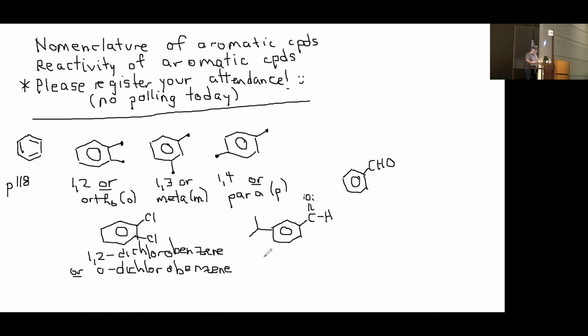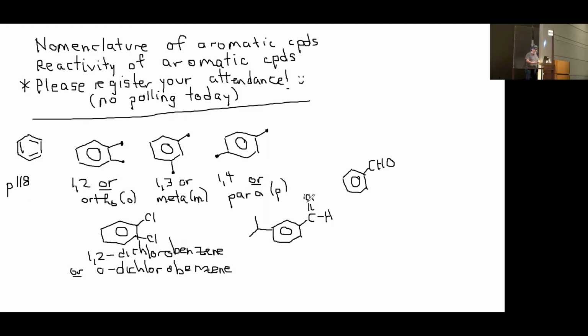So this would be named as a benzaldehyde, since the way you know that is before we put the isopropyl on, that molecule is named by itself, benzaldehyde. It's one of those 8 or 9 or 10 compounds that are on page 118. And so if you see one of those groups, typically that's going to take precedence.